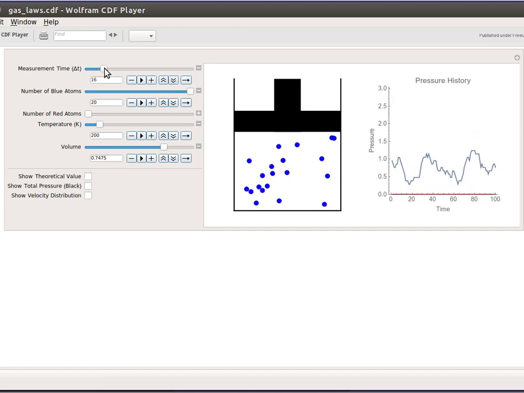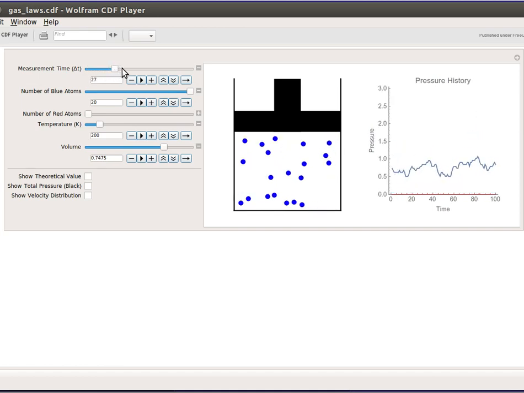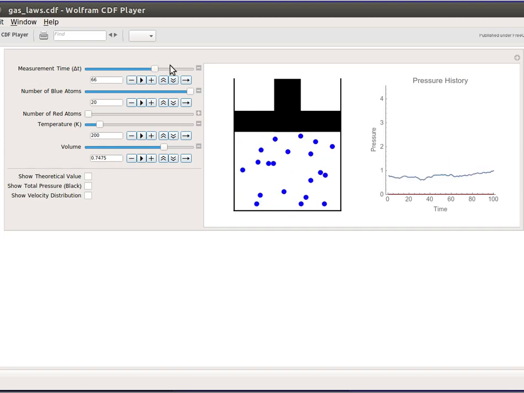And notice that as I increase this measurement time, what I'm effectively doing is introducing that average effect that occurs when we make a measurement on an actual gas sample. Okay? And so this value right here that we're hovering around is going to be very close. We can click right here on this toggle for showing the theoretical value.